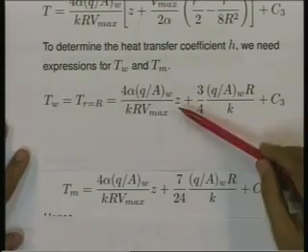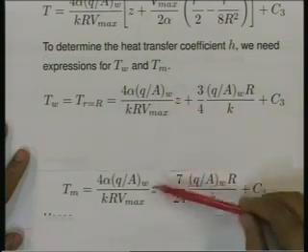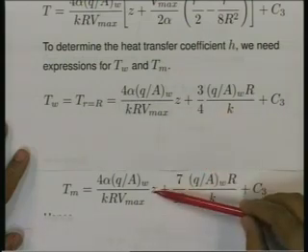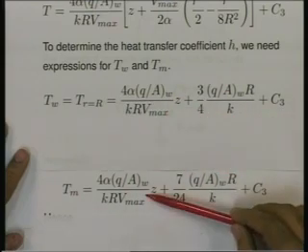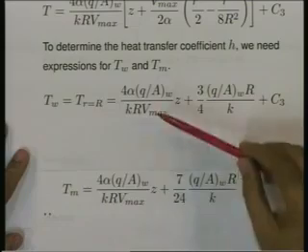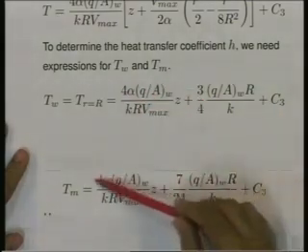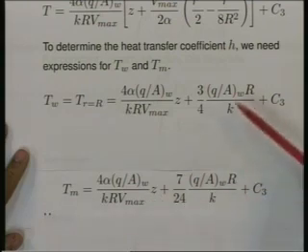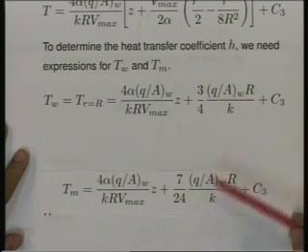Notice that the first term which contains Z is the same, because this increases linearly with Z, this also increases linearly with Z, and the slope is the same. The coefficient of Z would be the slope, rate of rise of temperature. This C3 also is a common term. The difference exists only in these two terms.